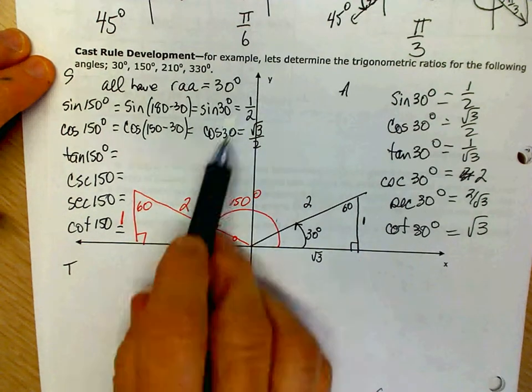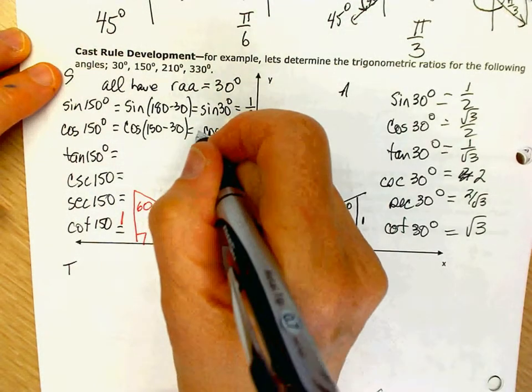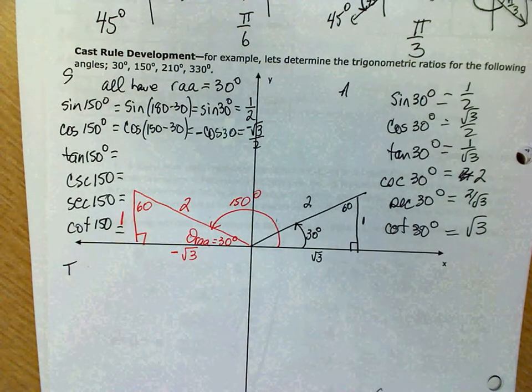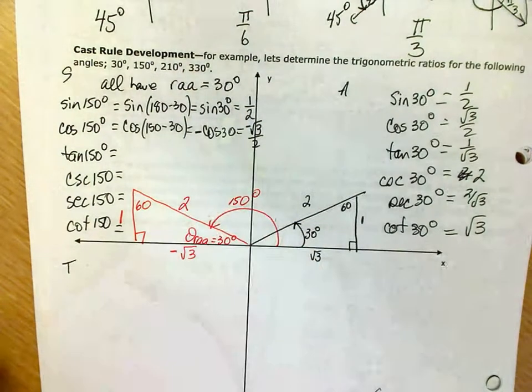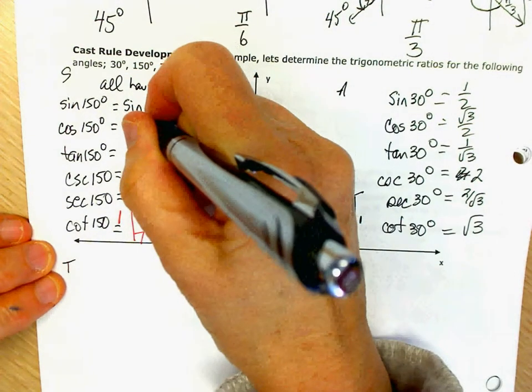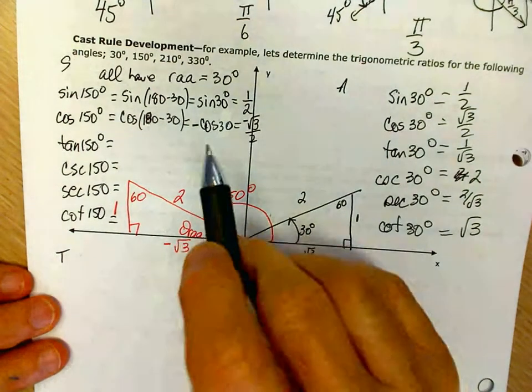The only one that's positive is this one. So this is minus cos of 30, minus root 3 over 2. Yes? It's equal to negative cos of 30, not cos of 30. Oh, this should be 180, right? Because 180 minus 30 is the 150.